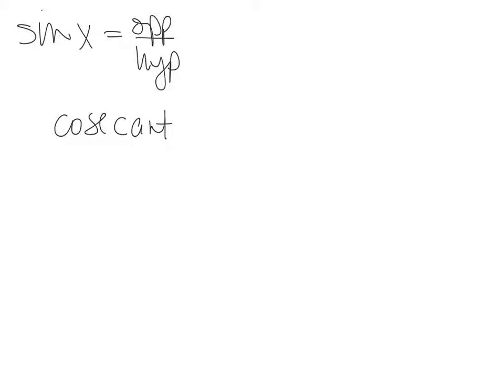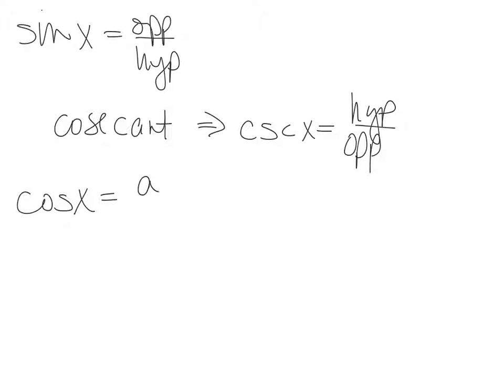Okay, one more thing I want to briefly introduce you to. If we have sine of a value, it's opposite over hypotenuse. The inverse of that is called cosecant, which is abbreviated csc. It's the inverse, so I flip it. We also have, we just said cosine equals adjacent over hypotenuse.